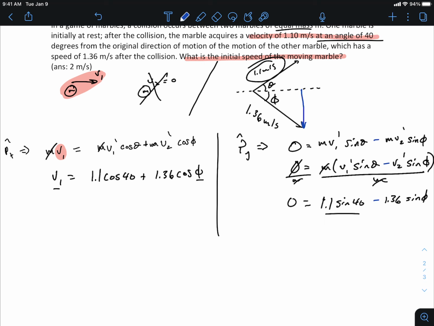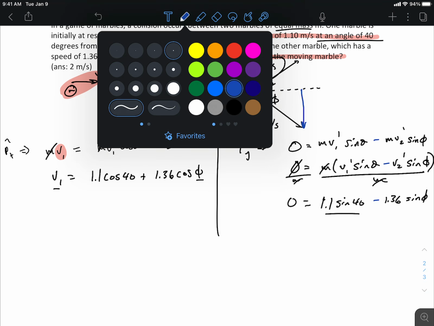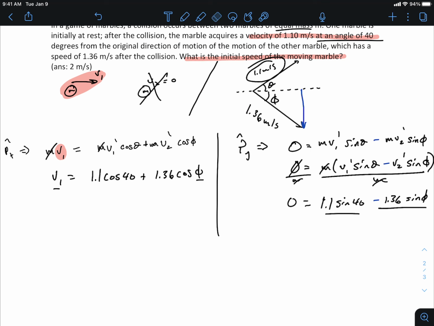So let's move this term to the other side. We'll deal with the minus. So when we do that, it becomes positive. So what you're going to get is 1.36 sine of phi is equal to 1.1 sine 40. And we're going to get sine phi is equal to 1.1 sine of 40 divided by 1.36.